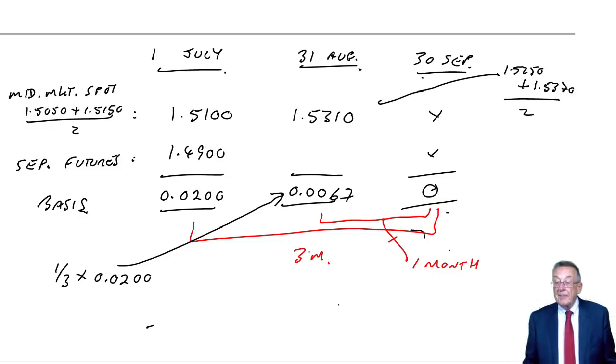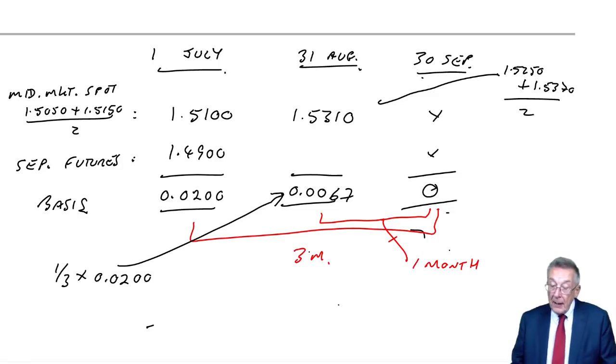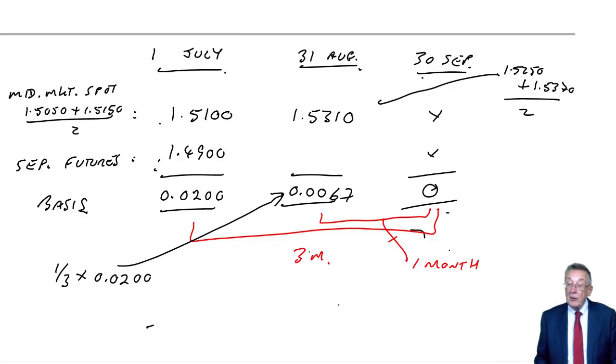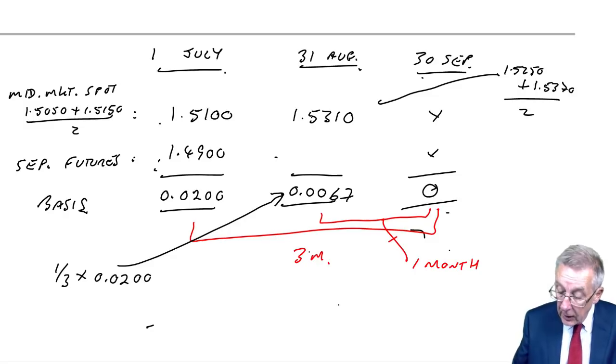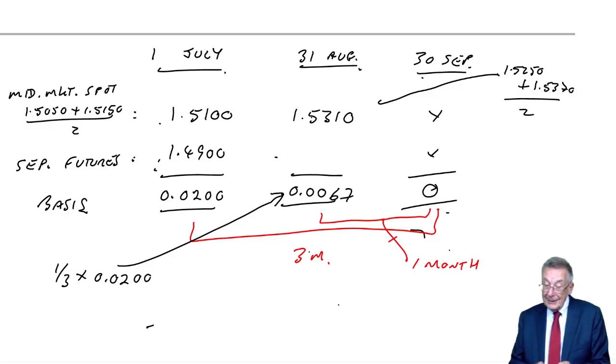$1.5310. And so we can now estimate the September futures price. On the 1st of July, the futures price was lower than the spot rate by 0.02. On 31st of August, it'll be lower than the spot rate, but by 0.0067.